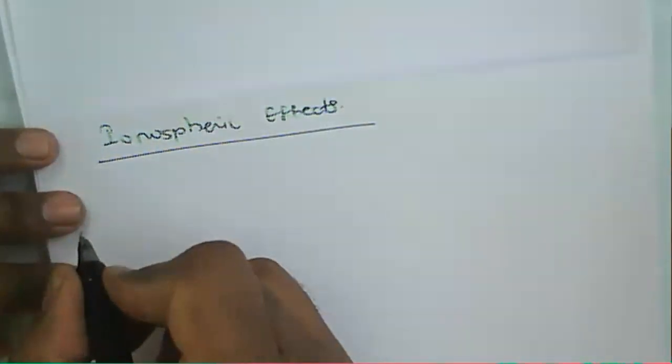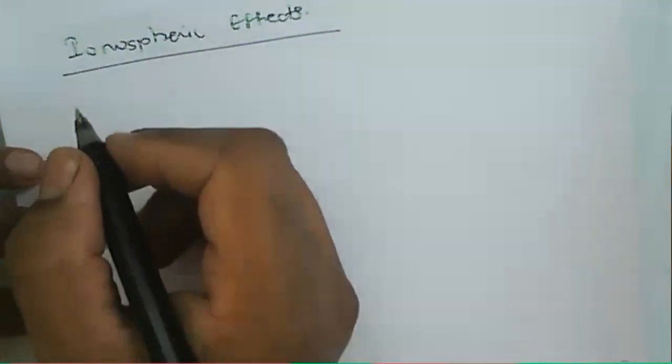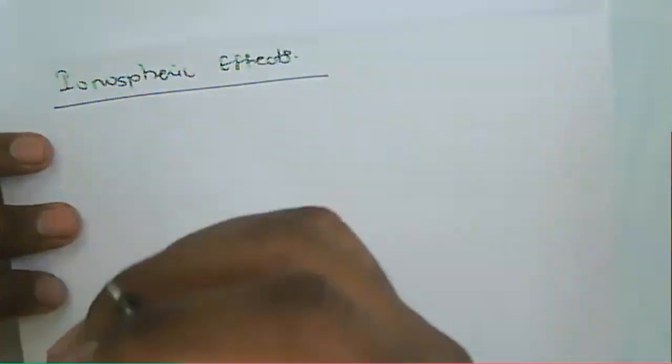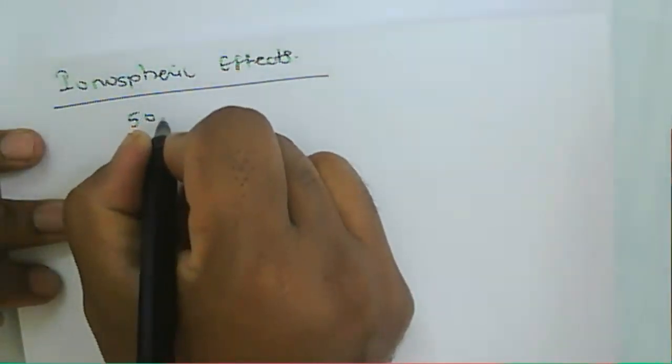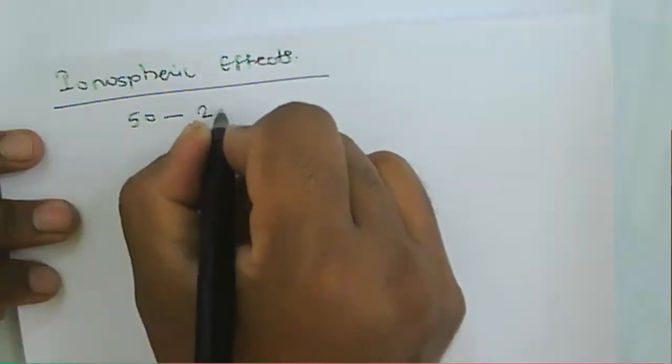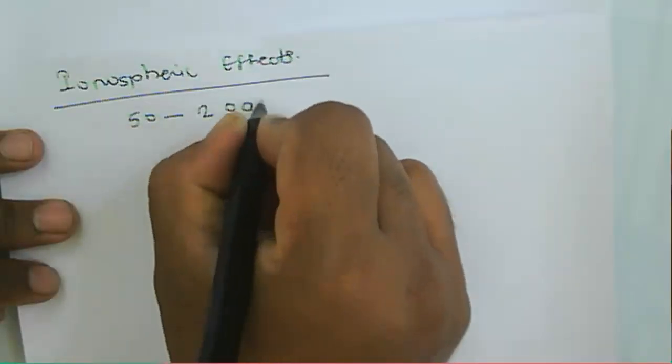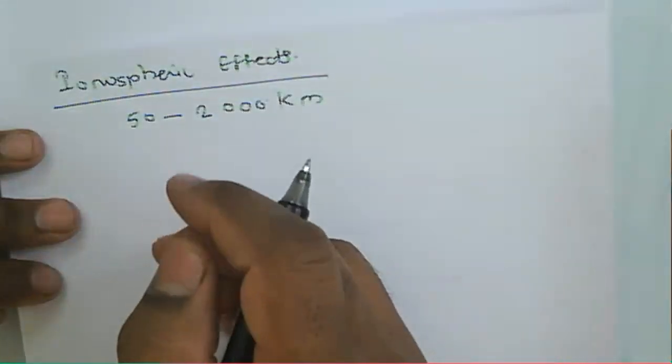Now generally the ionospheric layer, or ionosphere region, will be approximately from the Earth's surface, from 50 kilometers to 2,000 kilometers there.